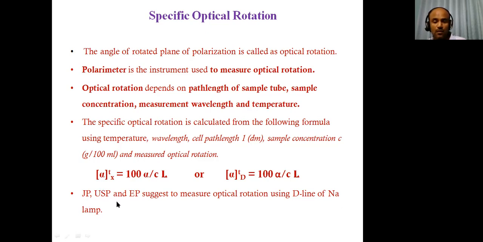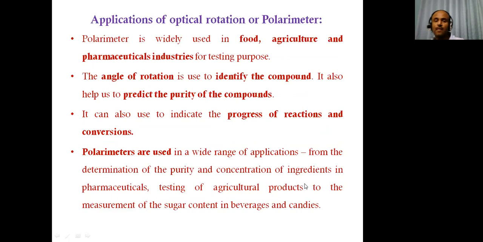Now various pharmacopoeias, JP, USP, EP, suggest that the optical rotation must be measured using the D line of the sodium vapor lamp. Okay, so this is all about specific optical rotation and its measurement.